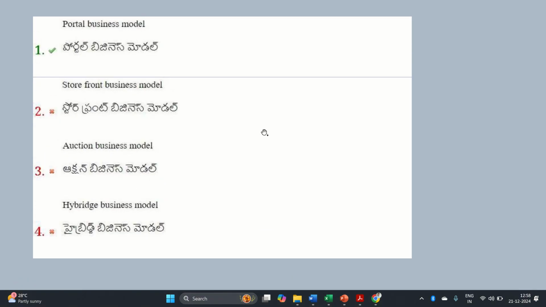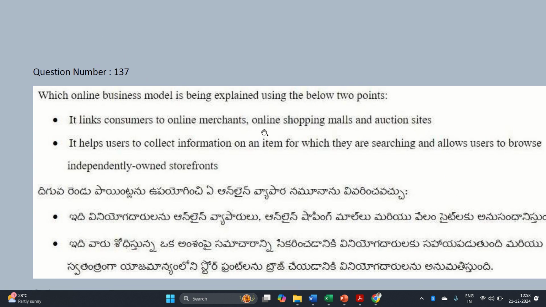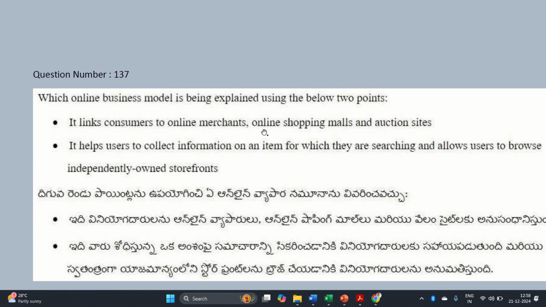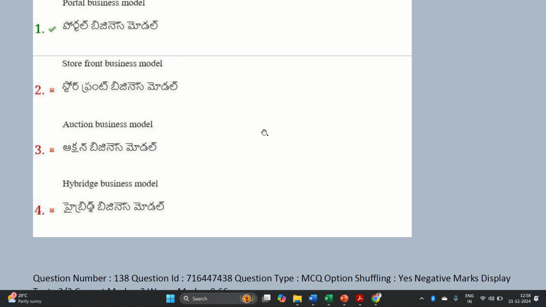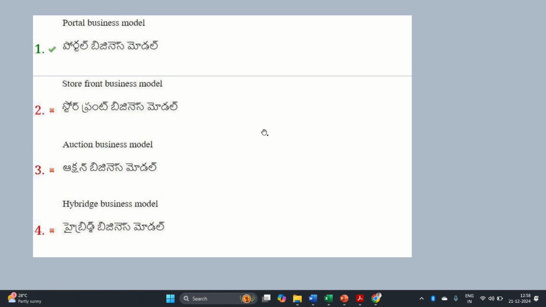Portal business model, storefront business model, auction business model, or hybrid business model? Portal business model.